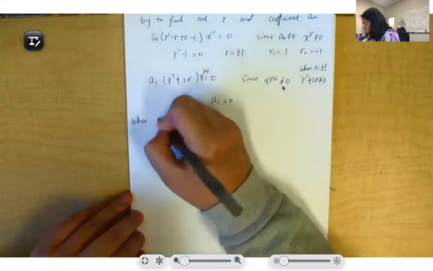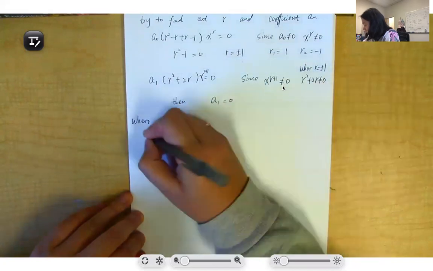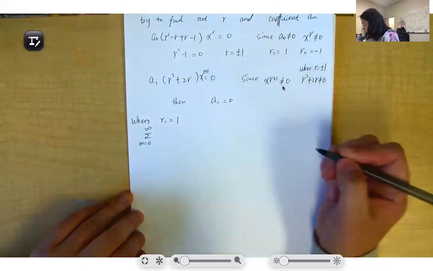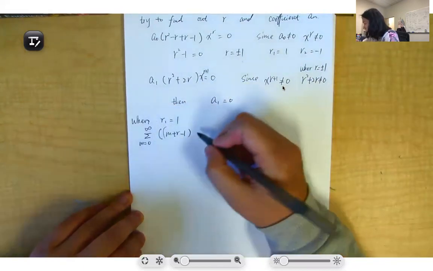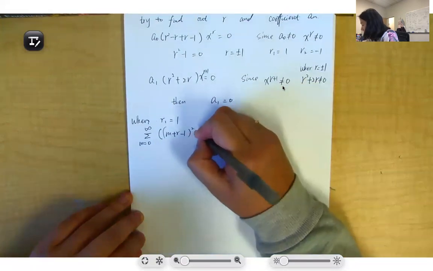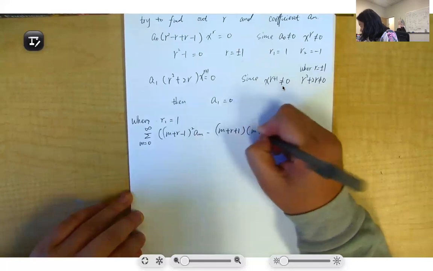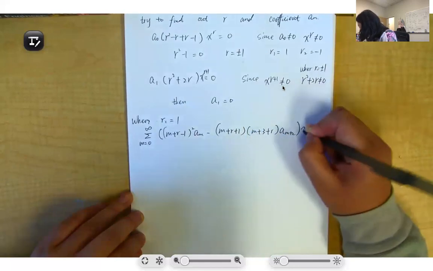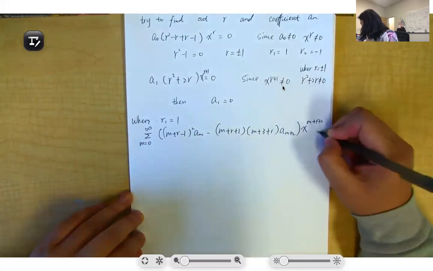When my r1 equals 1, then the power series becomes the sum from 0 to infinity of the first two terms combined, m plus r minus 1 squared times am minus m plus r plus 1 times m plus r plus 3 times am plus 2, times x to the m plus r plus 2, equals 0.